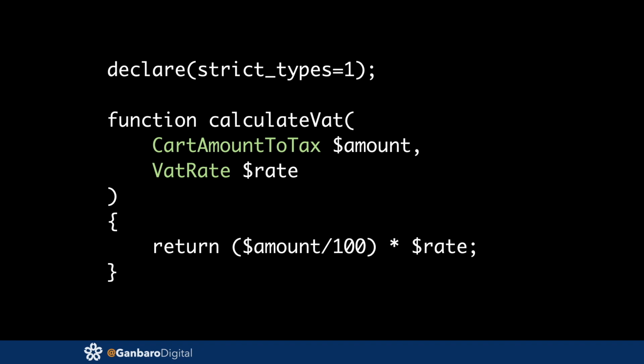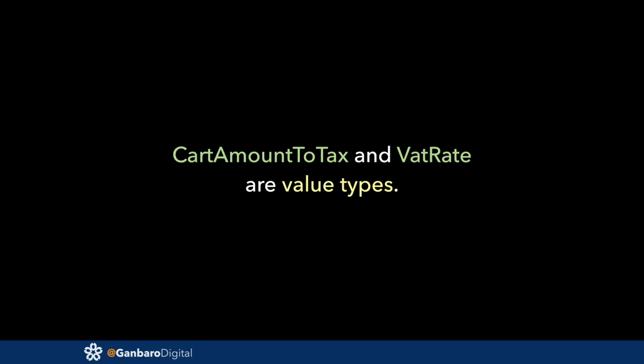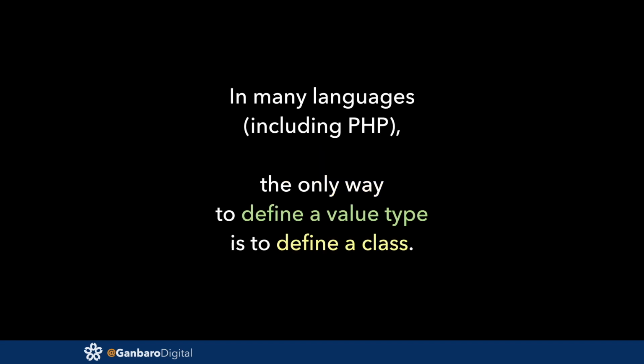So let's look at the two types I'm introducing. Our amount to tax and our tax rate. What can we say about those? Well, we can say that those are value types. Now, you might have heard the term value objects, and the reason for that is in some languages, and PHP is one of them, there isn't a richly developed type system.